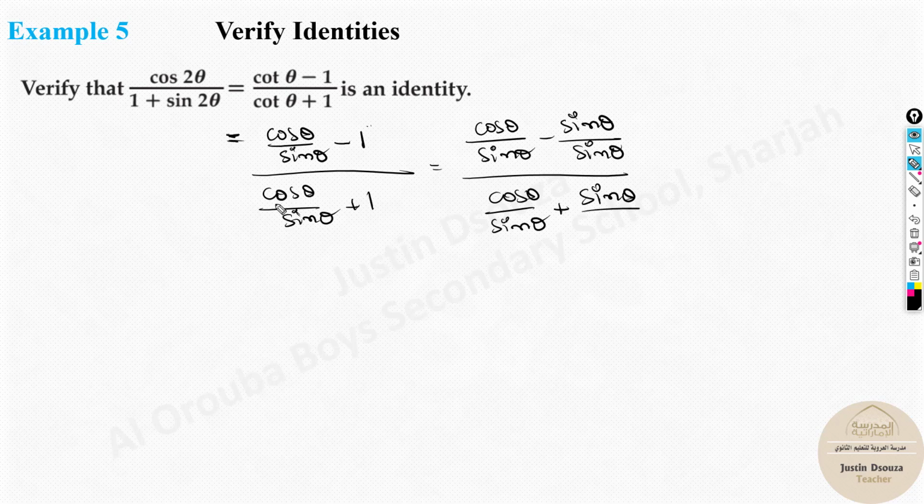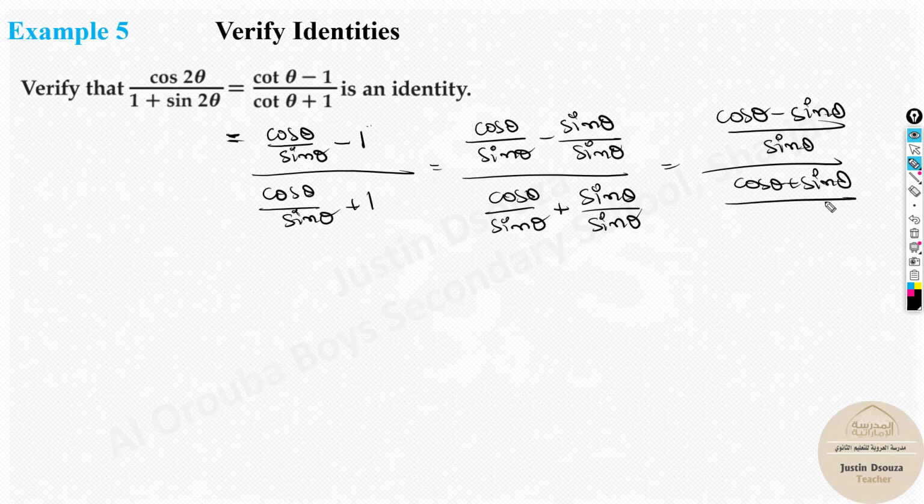Over here it's 1, so multiplying 1 and 1 is the same, so you just don't do it. The numerators are different: cos theta minus sine theta divided by the denominator sine theta, divided by cos theta plus sine theta, divided by sine theta here.